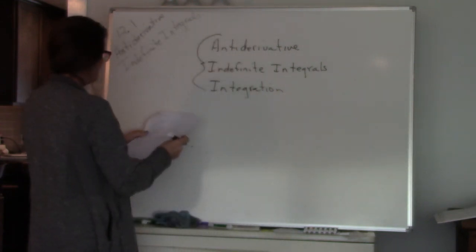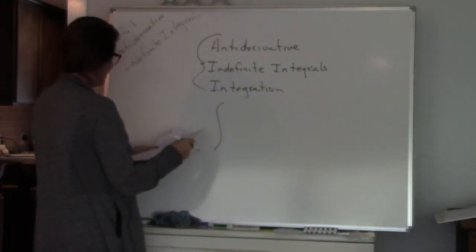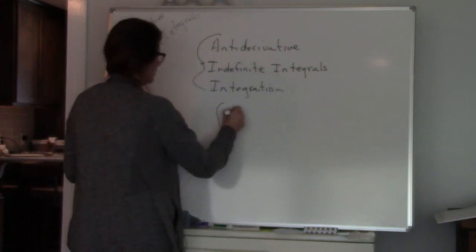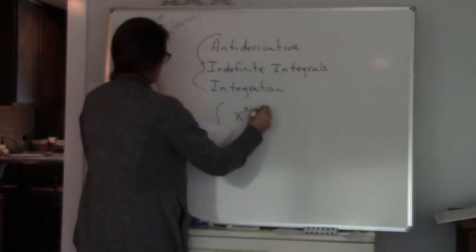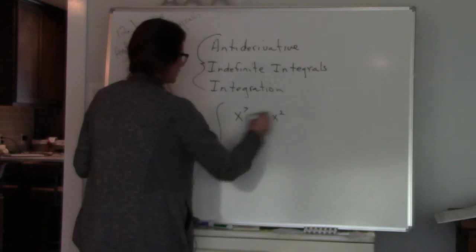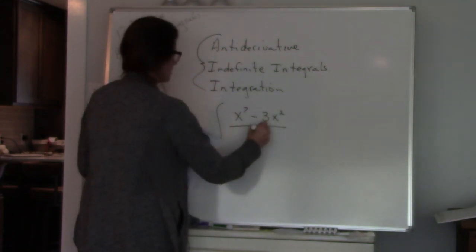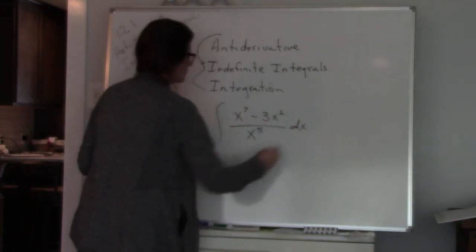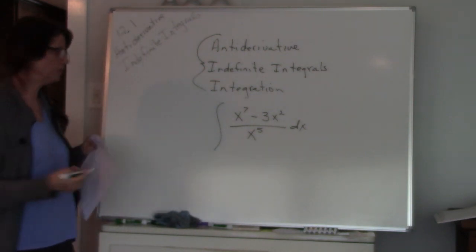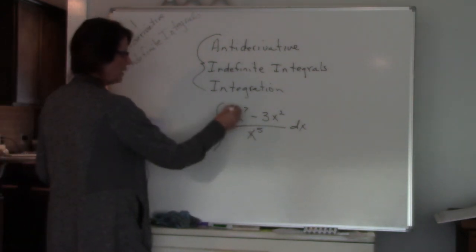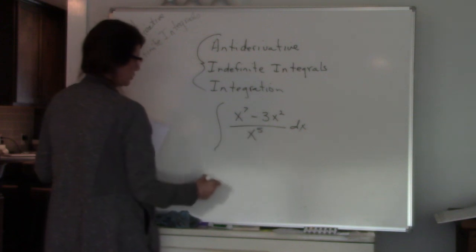So if you have one that looks like this, the antiderivative of, say, x to the 7th minus 3x squared all over x to the 5th dx. Okay? So again, you can just simplify. You know that when you divide with exponents, you subtract the exponents.